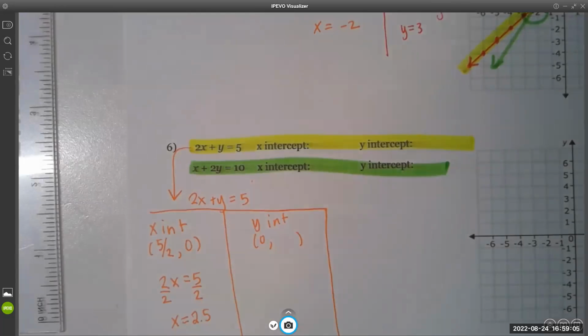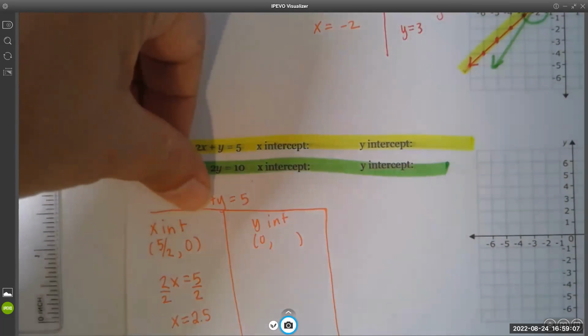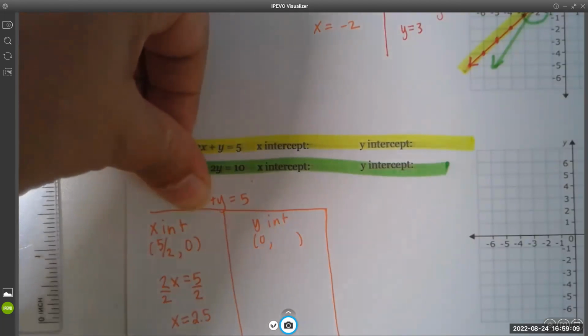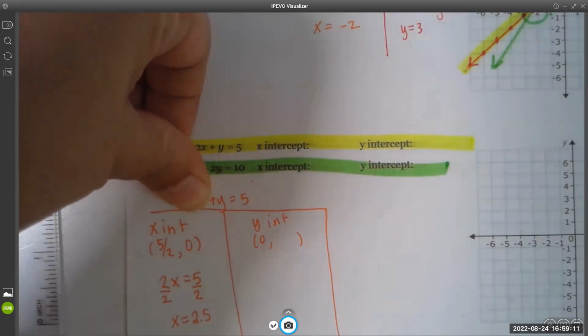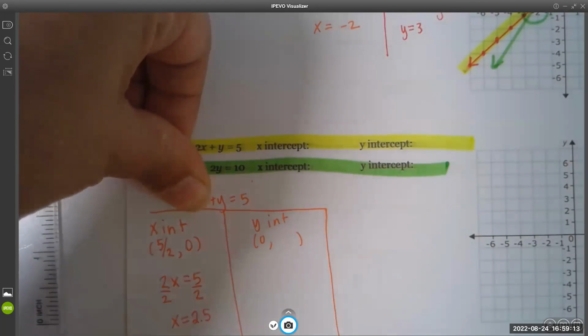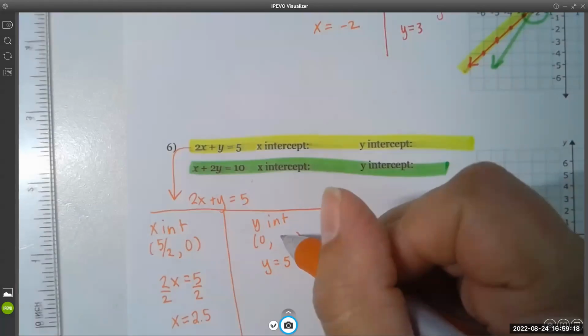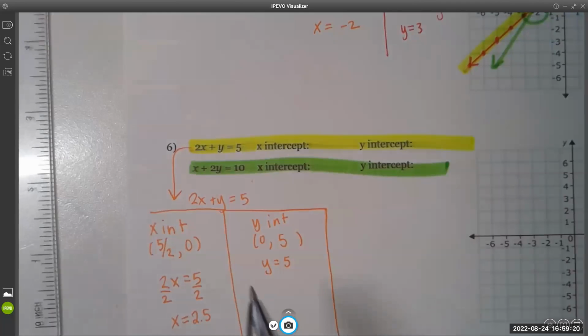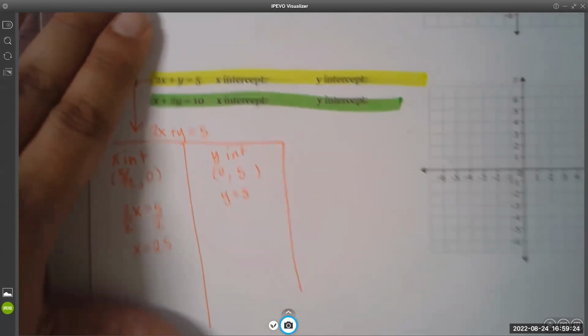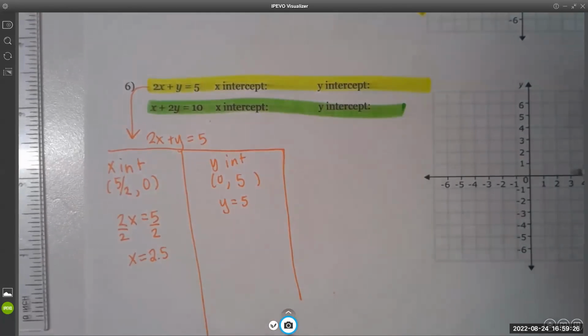The y-intercept, it's like what you'd get if you just covered up the x part. And it's me letting the x be 0. So the y-intercept, that one's a lot easier. The y is just 5. And these 2 points are both on this top line. And so once I know the 2 points, 2.5 goes on the x-axis, and then 5 goes on the y-axis, and I would use a ruler and try to connect them.